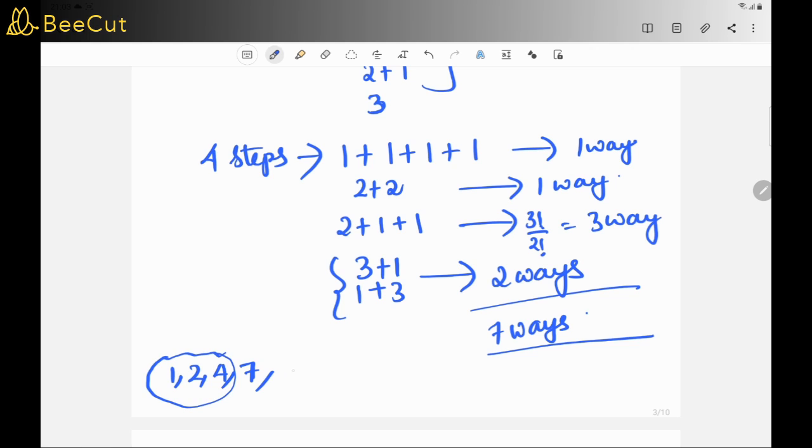So similarly, this is f1, the first term of the series, second term, third term, fourth term, and the fifth term of the series will be 13, that is 2 plus 4 plus 7, followed by 24, followed by 44. This is the sixth term, this is the seventh term.